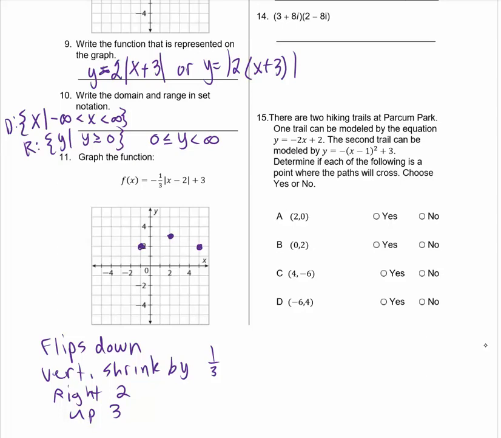Or the other thing to think about is that normally our graph would be down 1 over 1. We want it to only go 1/3 of that distance, which is like right here. That's the other way to think about vertical stretches and shrinks, is multiplying whatever our normal number would be by that vertical stretch or shrink. So there's our graph. It looks great. Best graph ever.